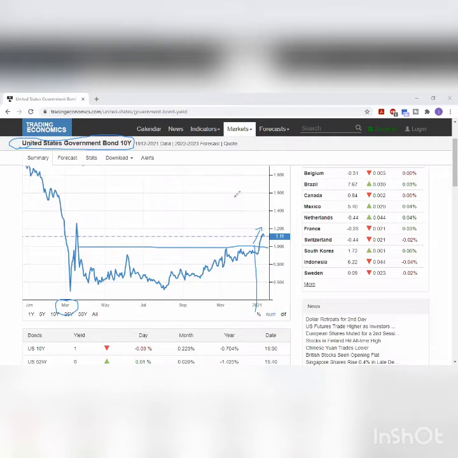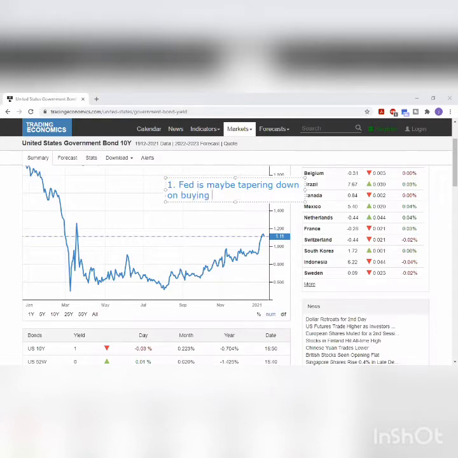So, anong effect niya? Anong assumptions niyan kapag nagkaroon ng ganyang move with the 10-year government bond? Usually, assumption niyan is, number one, the Fed is maybe tapering down on buying government debt.